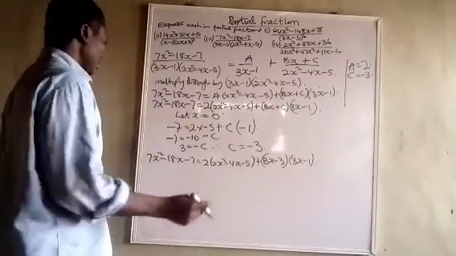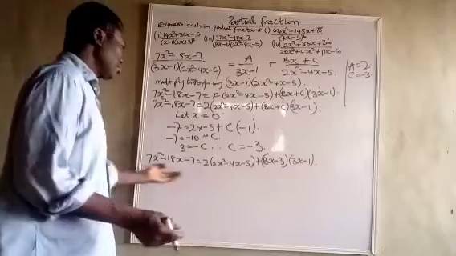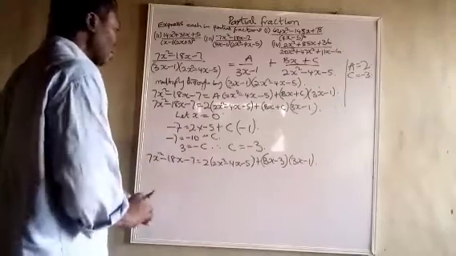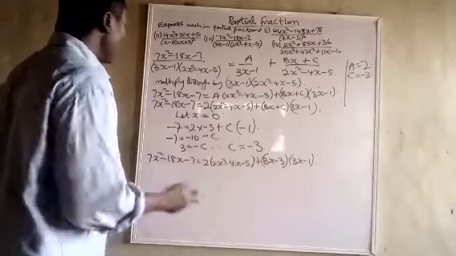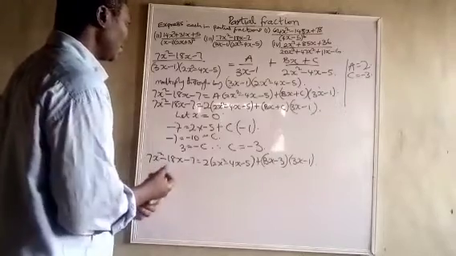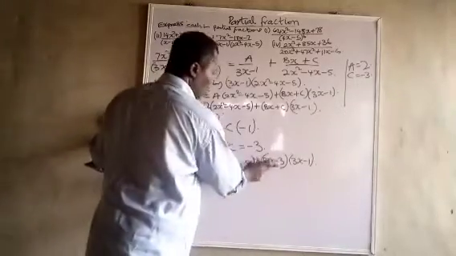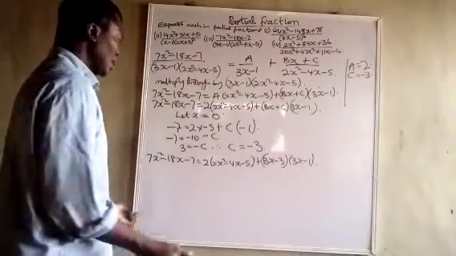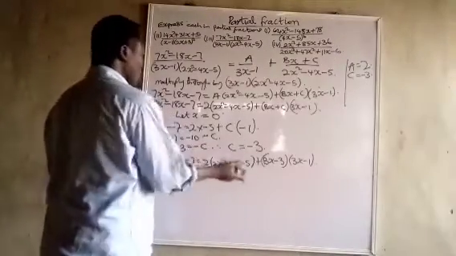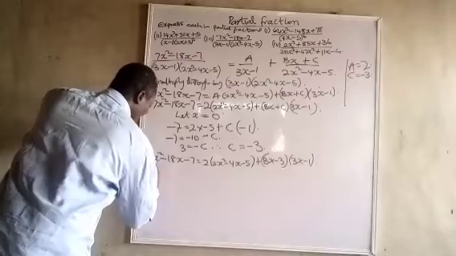Looking at it, I can expand, but why not just put x equal to 0 or 1 or anything? If I make x to be 0, this one will be eliminated. So let me make x to be 1. So let x be 1. So that will be easy.